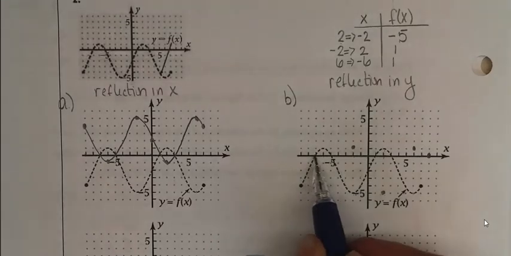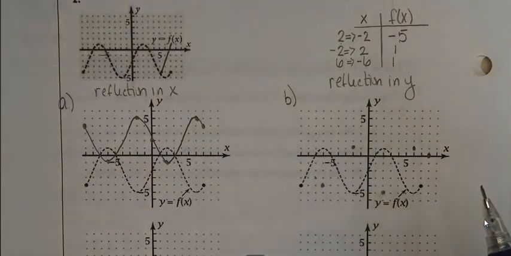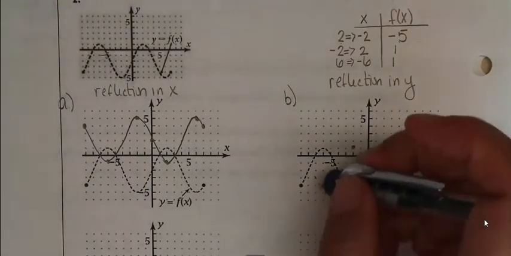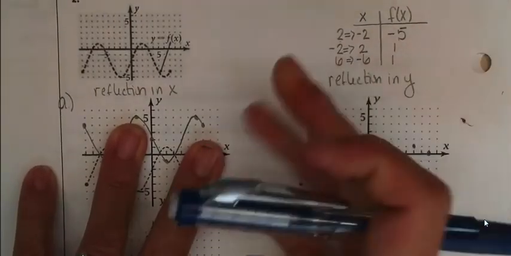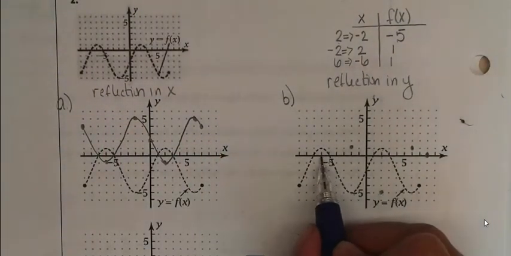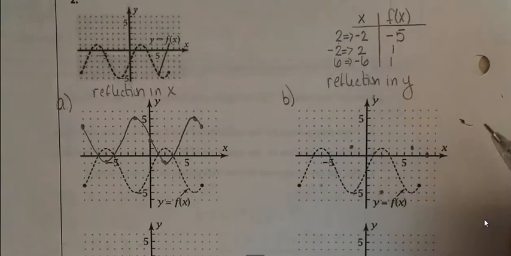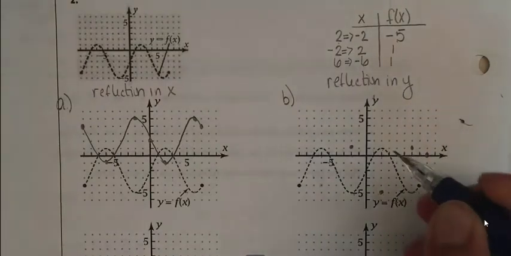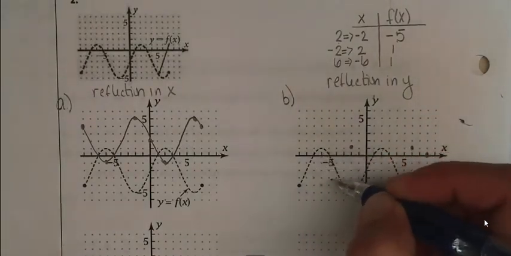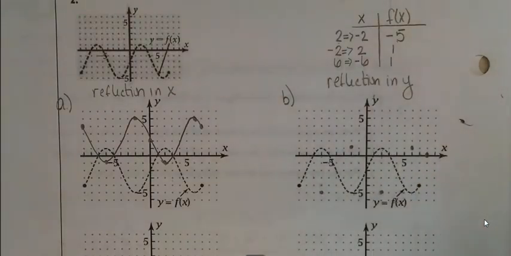And that looks to be -4. Oh, I think I messed this up. Let's try that again. So that's -6. I care about what's at +6. +6 was -5, so I messed that one up. So at -6, I should be down to -5.